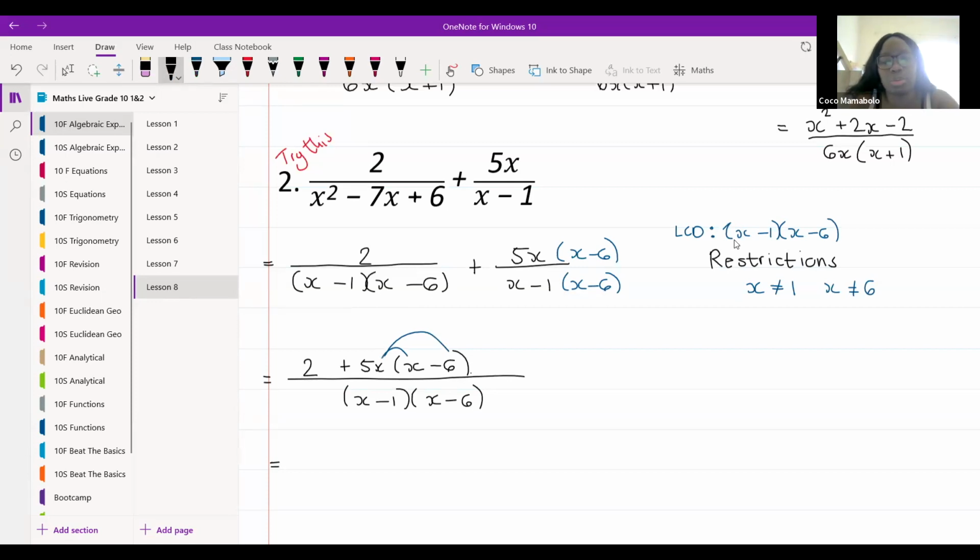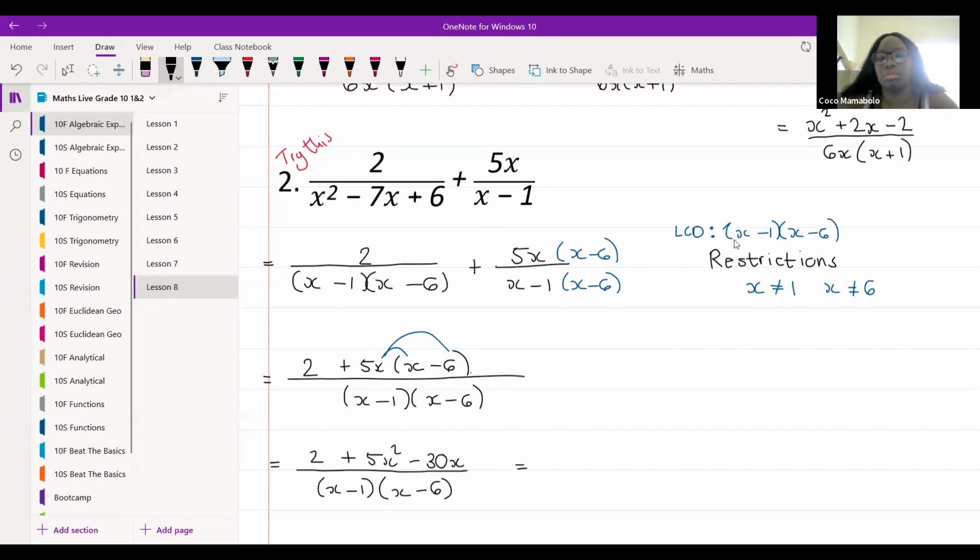Excellent. So what do we get on the top? Okay, so 2 plus 5x times x is 5x squared, and 5x times 6 is -30x. That's it. Beautiful.